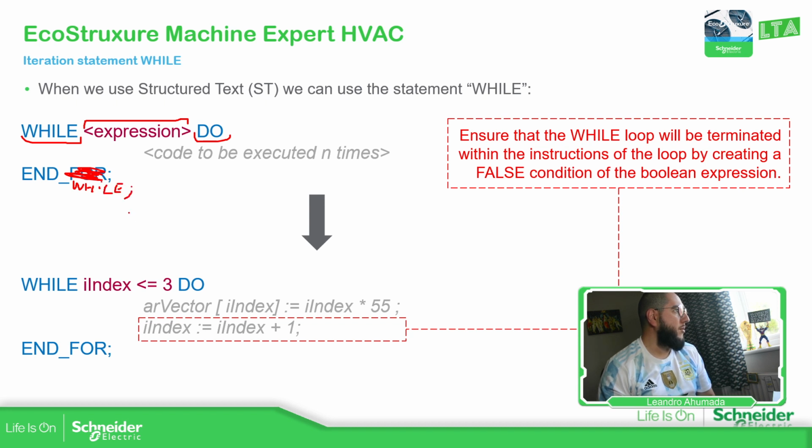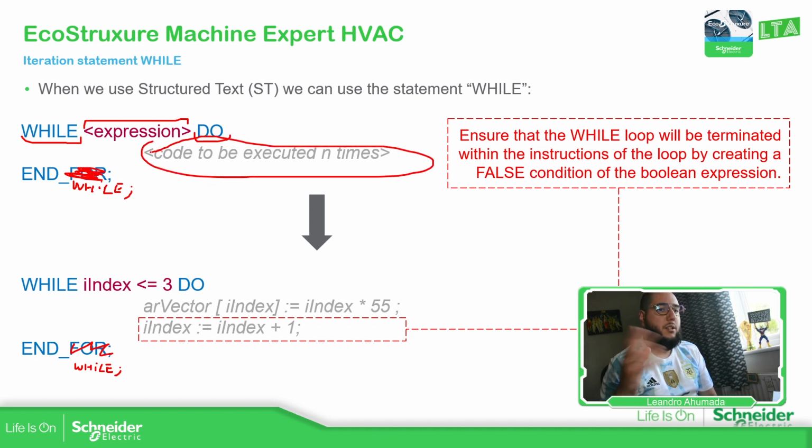Then use the semicolon, and the same here, while and semicolon. So while the Boolean expression is true, we execute our code n times, and then as soon as we have something to make the expression false, it just gets out and continues.